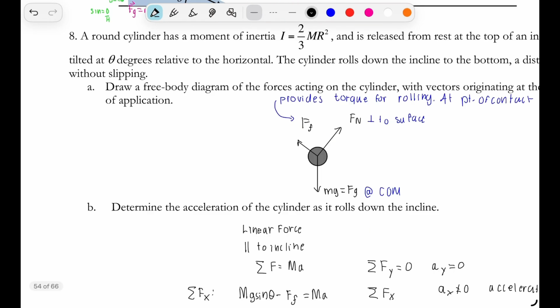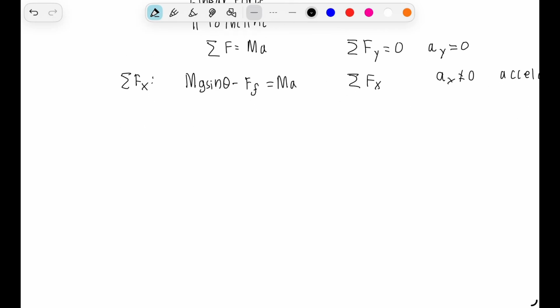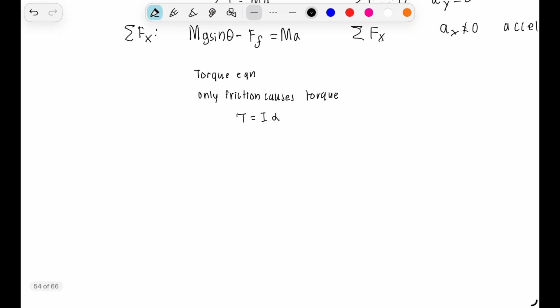Now, moving back to torque, when we write our torque equation, we know only friction causes torque. So you can write torque is equal to your moment of inertia times your angular acceleration.